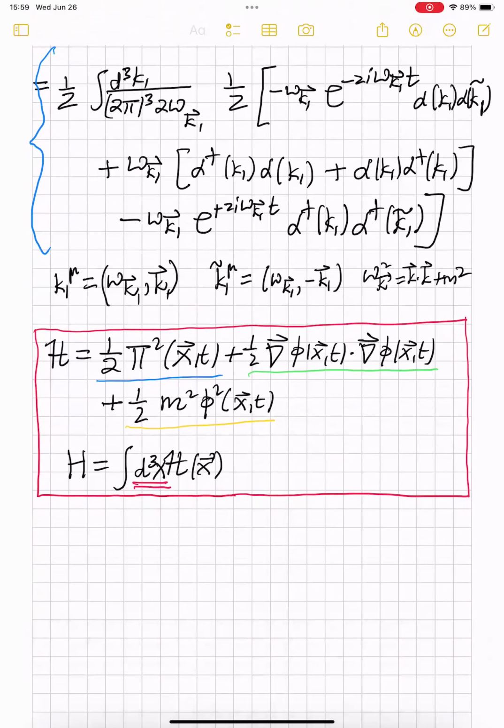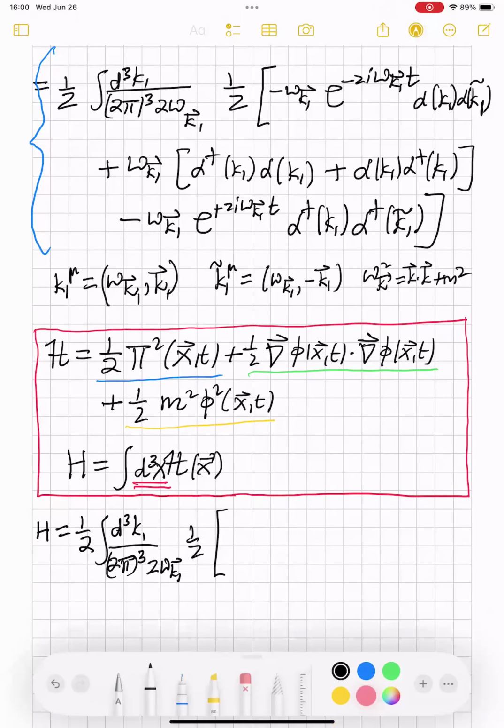So H is equal to, so this is the 1/2 sitting up front that we see from the top there. There's an integral d3K1 over 2 pi cubed, over 2 omega K1. And then we've got 1/2. Now, the first thing that I'm going to do, just because it makes the manipulations that follow slightly easier, watch me carefully now.